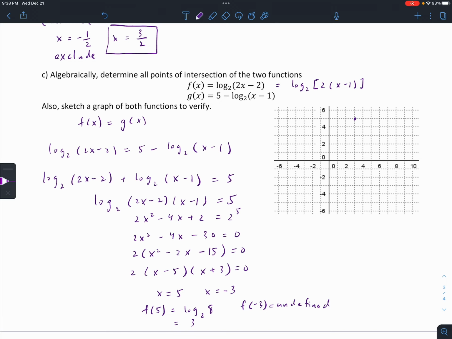So it has been translated to the right. The vertical asymptote is now at x is equal to 1. What we also know about it is it's being compressed by a factor of a half, right?